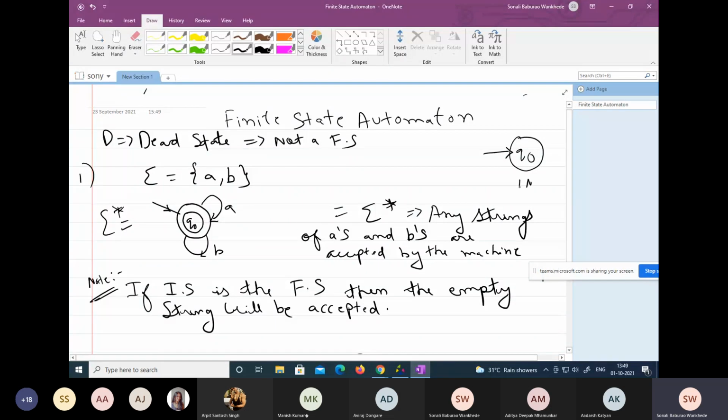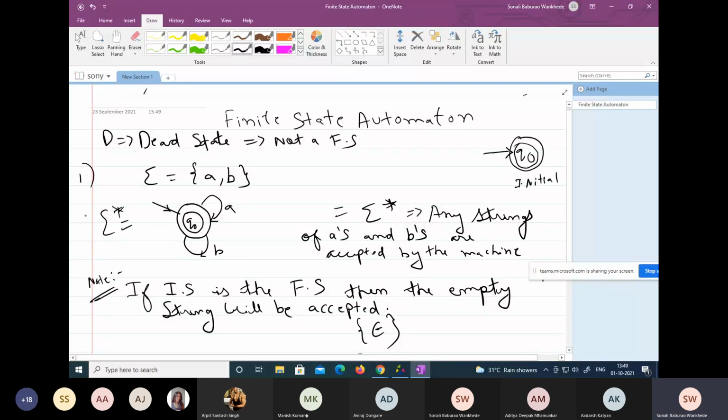So if your initial state itself is the final state, then the empty string will be accepted. And what is my empty string? It is epsilon. Empty string is represented by epsilon. So if the initial state is the final state, then your epsilon will be accepted here.